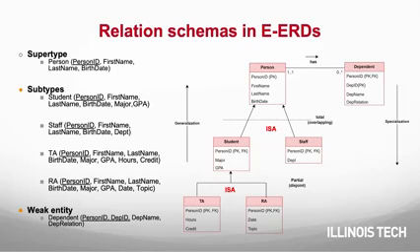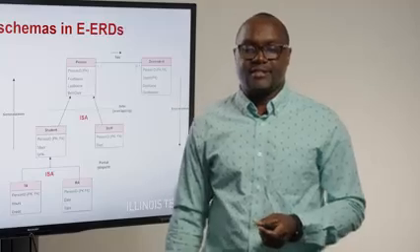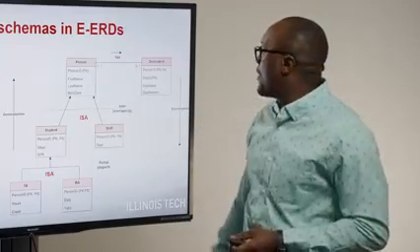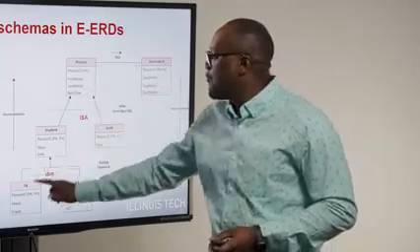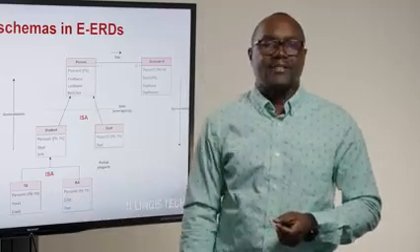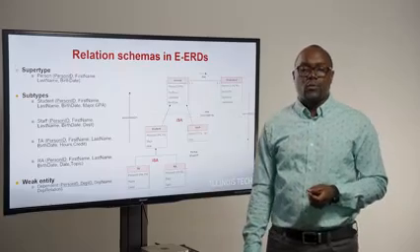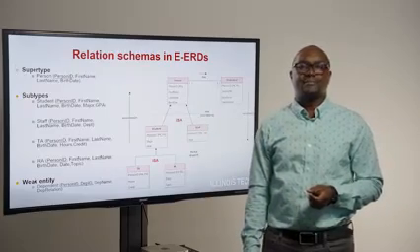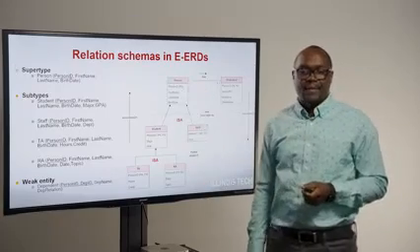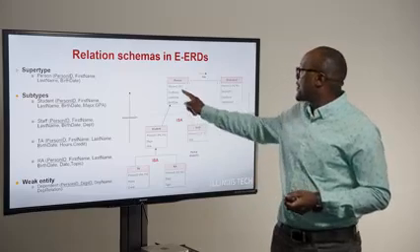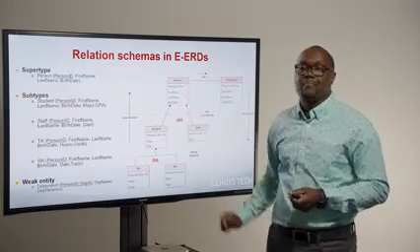Relational schemas in extended ERDs. When you look at the extended ERD, we have 1, 2, 3, 4, 5, 6 entities. And we start with the parent entity, which we also call the supertype entity, Person, having person's ID, first name, last name, and birth date.